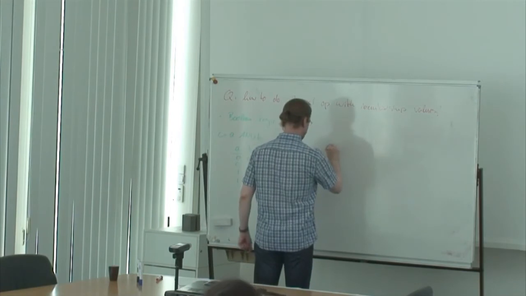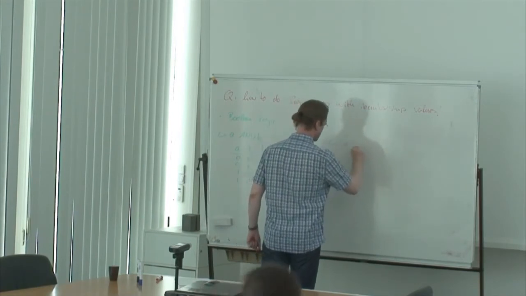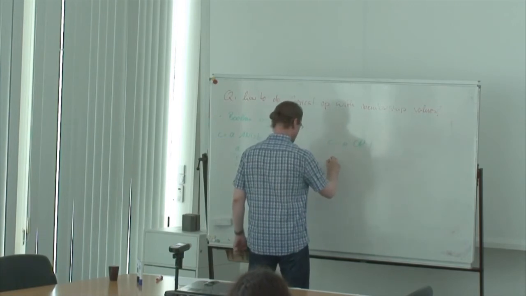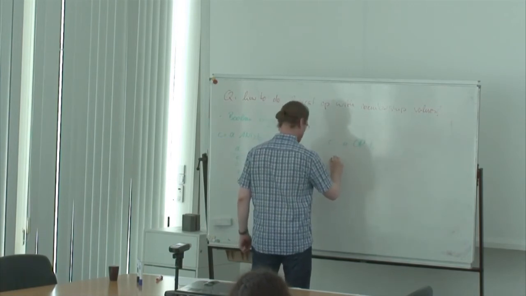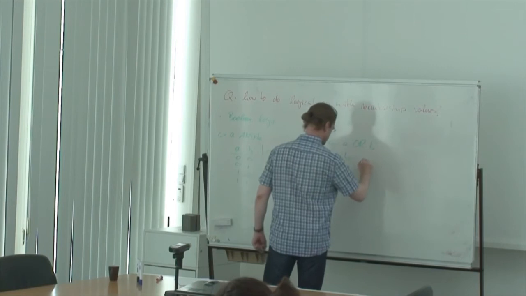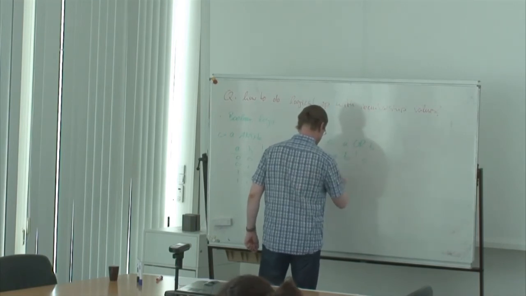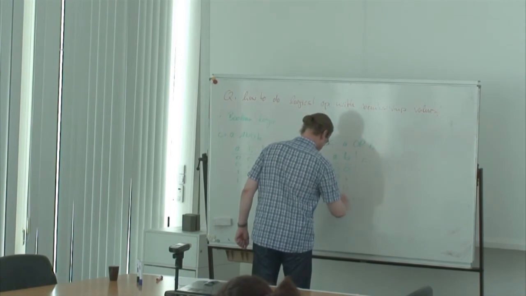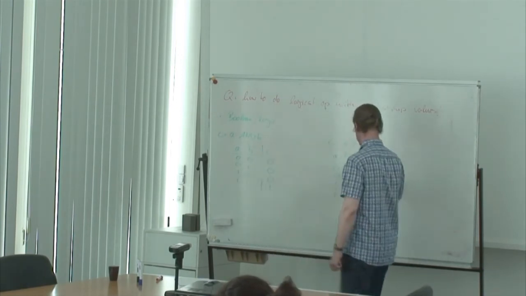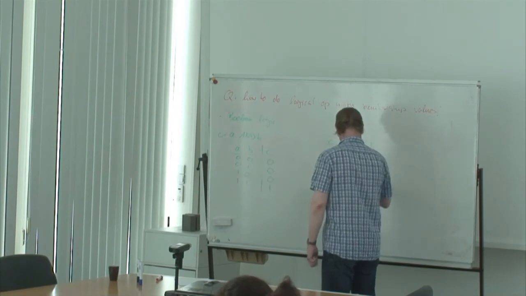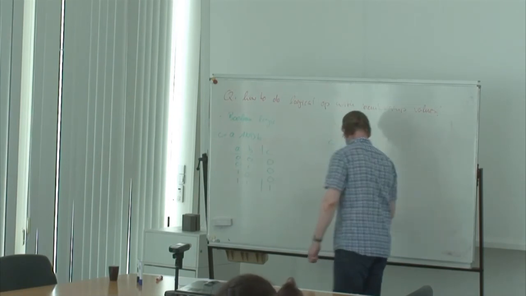We look at C is A or B. We don't really need that for our if-then rules so far, but let's still look at it to see that what we are going to do is indeed very interesting. 0, 0, 0, 1, 1, 0, 1, 1. 0 or 0 is 0, 0 or 1 is 1, 1 or 0 is 1, 1 or 1 is 1.